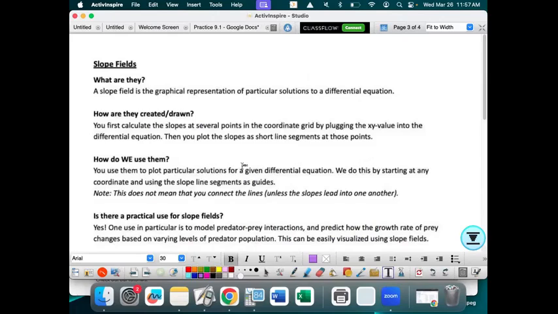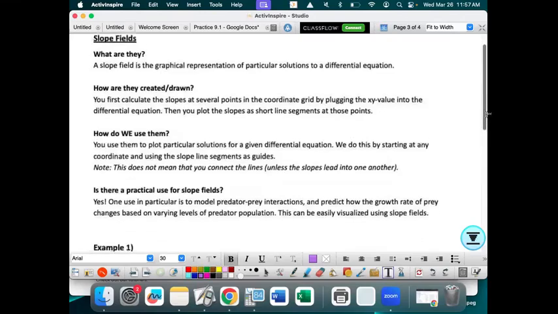How or why do we use them? You can use them to plot particular solutions for a differential equation. We do this by starting at the coordinate of your initial condition, and then you use the slope line segments as guides for how you are going. You are not necessarily connecting those slopes, you are just using them to help you draw the slope in that area. Is there practical use for slope fields? Absolutely.